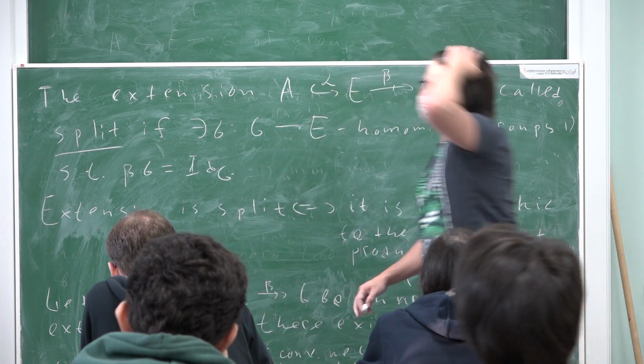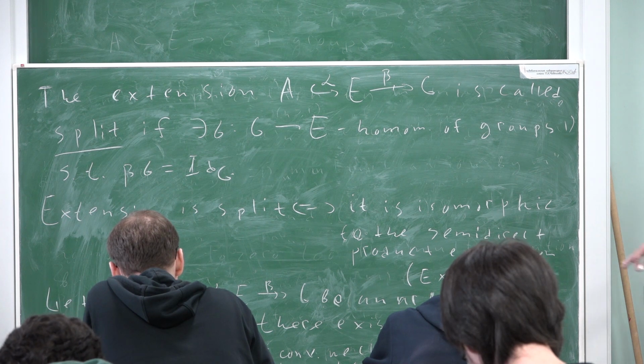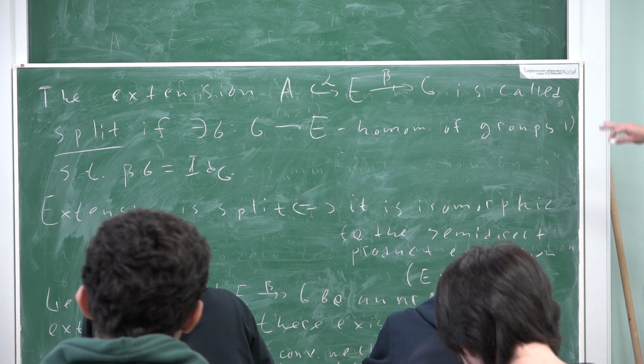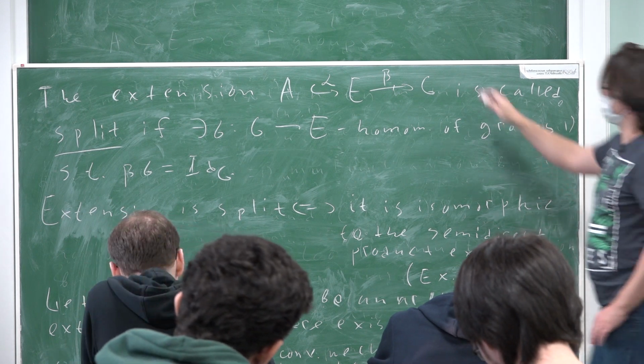Yes, we can do this because we choose it element by element, yes, and of course beta of 1 is 1, so for 1 we can choose preimage 1.